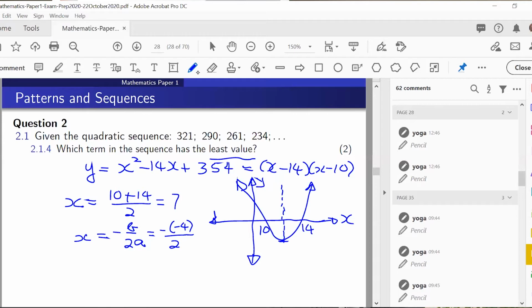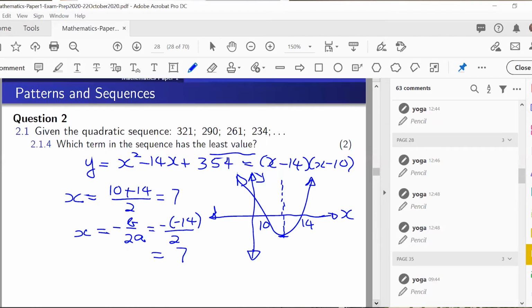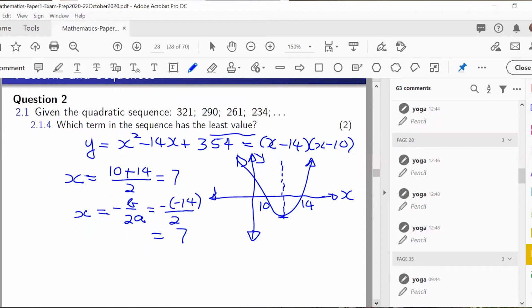That was 34. So that is just 17. We can also use calculus. So that is method 1, and that is method 2, and method 3.